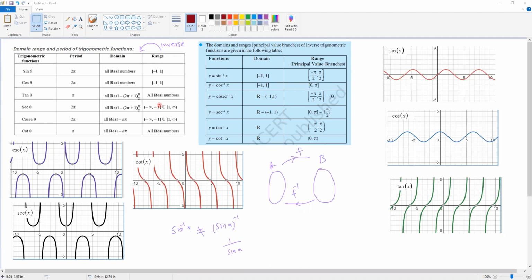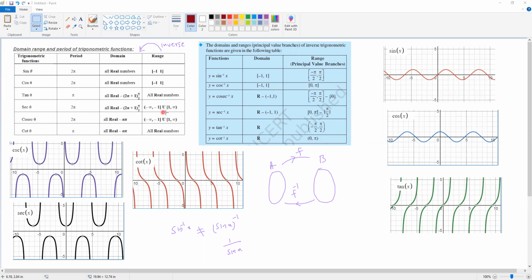Now the domain of tan inverse x is all real numbers. Domain of cotangent inverse x is also all real numbers. Domain of sec inverse x, we knew, is the set of all real numbers other than numbers between -1 and 1, because it takes values either to the left side of -1 or equal to -1, or right side of 1 or equal to 1.